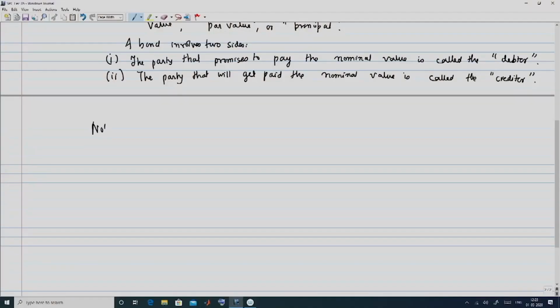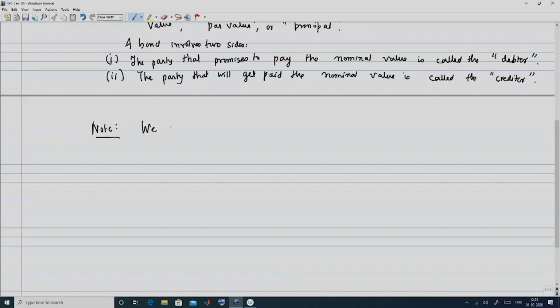So, in practice the creditor is extending credit to the debtor, who is called the debtor because they are now in debt, and then at the final time point, that is the maturity, the debtor will pay the money, namely the nominal value, to the creditor. Typically this will involve returning the original amount of money along with something called the interest. So, now we just want to make an observation here.